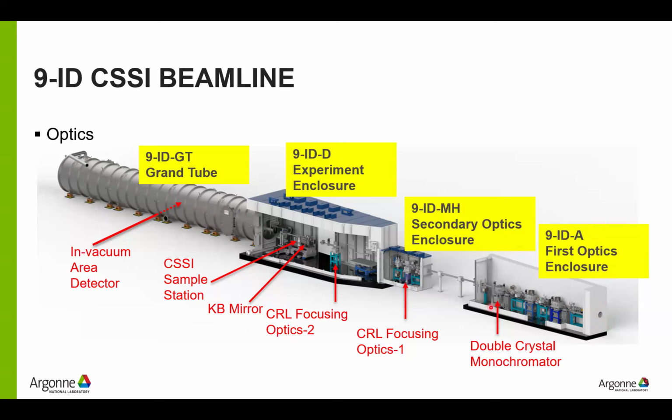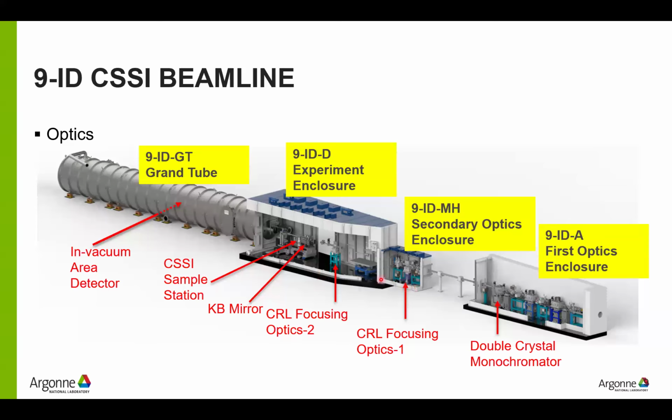So the A station contains the initial optics, including the double crystal monochromator, which is a horizontally deflecting double crystal monochromator. Then there's a mini hutch as our secondary optics enclosure, which has a CRL transfocator for focusing capabilities.